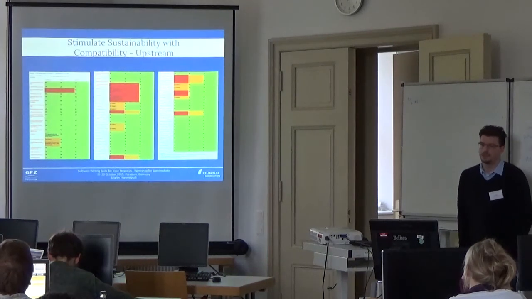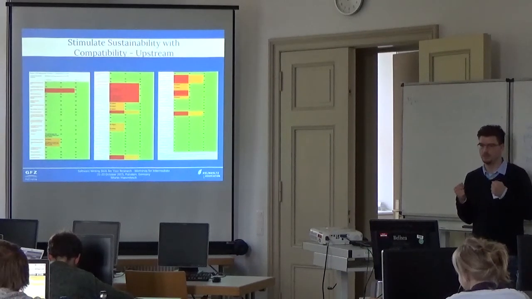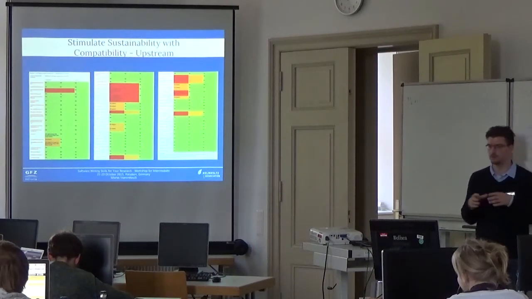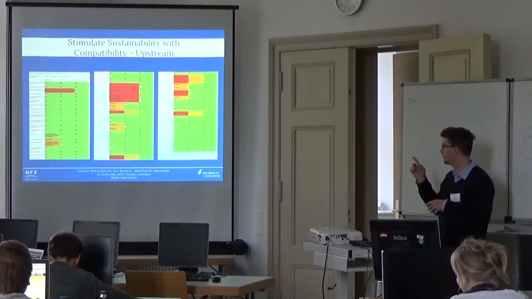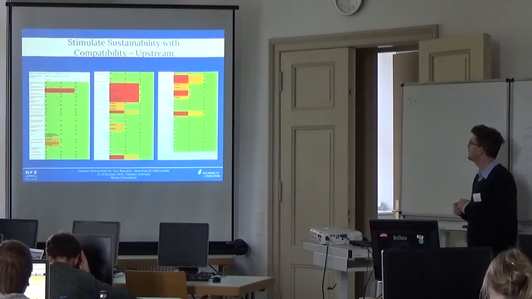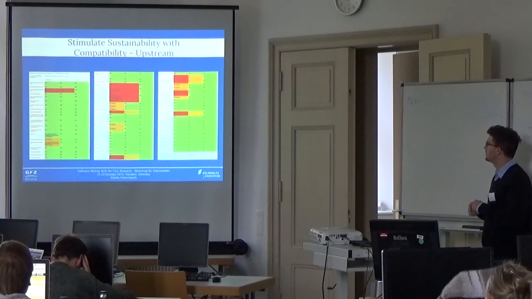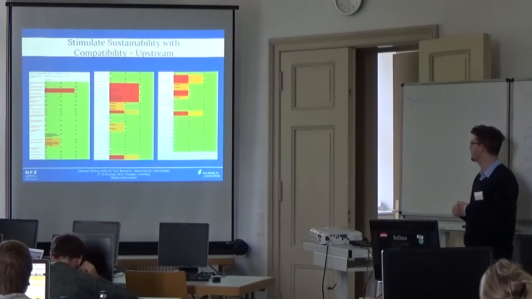But the thing is, the upstream way is that you have to check if specific licenses are problematic for yourself. So for example, in that case, this is a so-called compatibility matrix where you can see the over 60 OSI certified licenses.